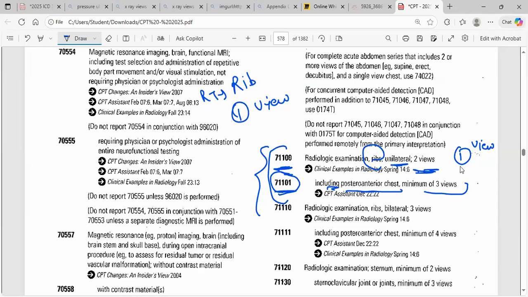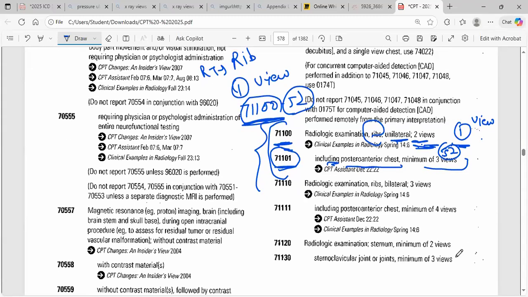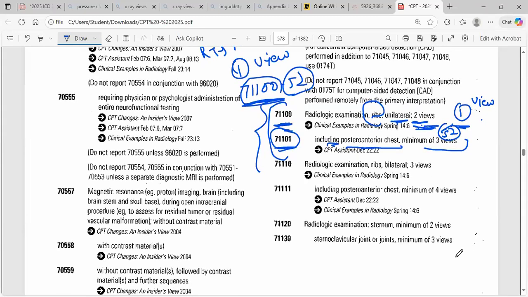So if the doctor just performed one view, we are going to use 71100 with modifier 52 to represent that whatever component is included in this CPT is not performed completely. We did this service reduced. Intentionally, the doctor did the one view. So we are going to use modifier 52 to represent the one view. Clear? Yes, ma'am. Zamir, is it clear?